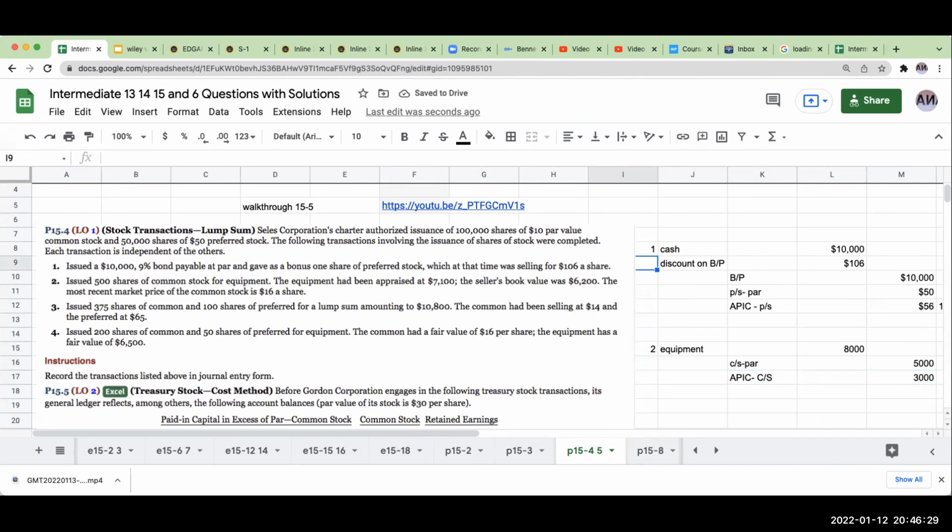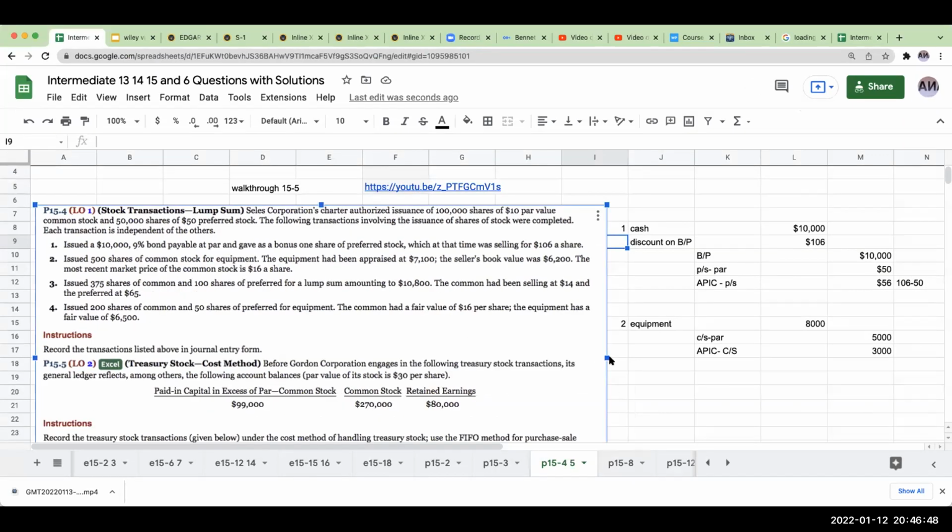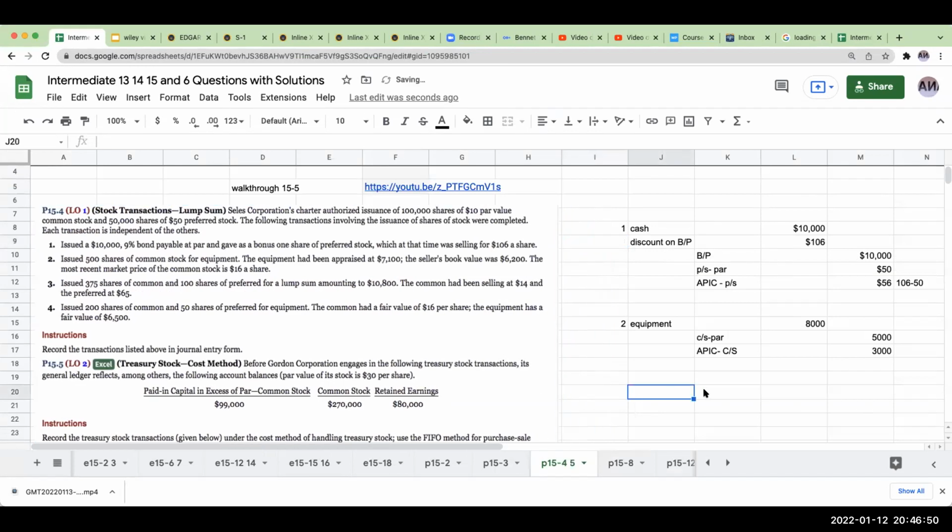For number 3, we issued 375 shares of common and 100 shares of preferred for a lump sum amounting to $10,800. The common had been selling at 14 and the preferred had been selling at 65. For this question, we're going to ask: what's the total value that we're giving up?